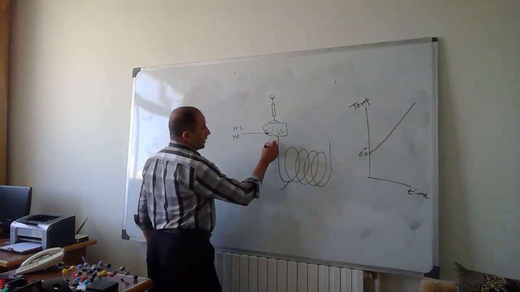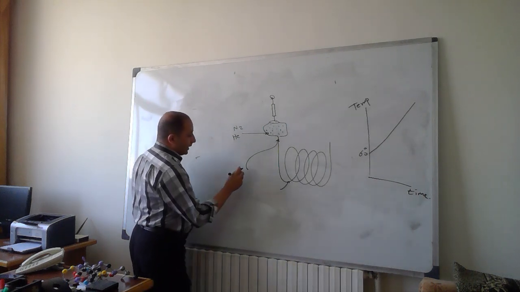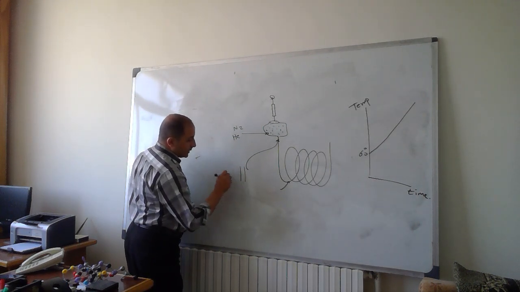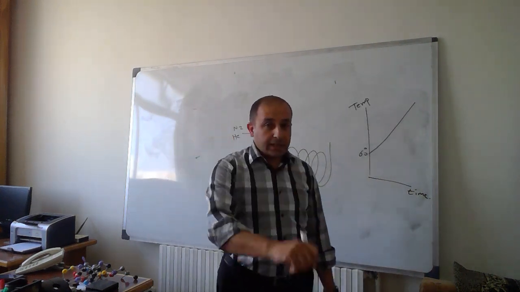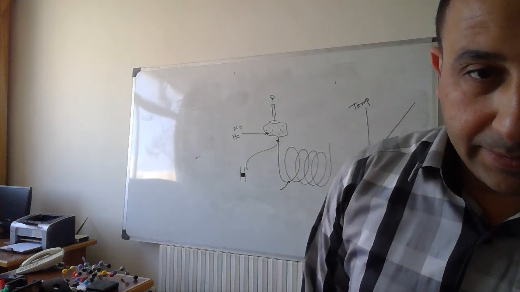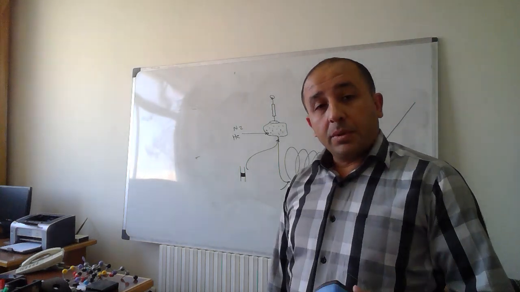So if we take a snapshot here, we'll find that this is the inlet of the column, and this is the layer of sample as condensed sample. It will be converted again to liquid state, from gaseous state to liquid state.